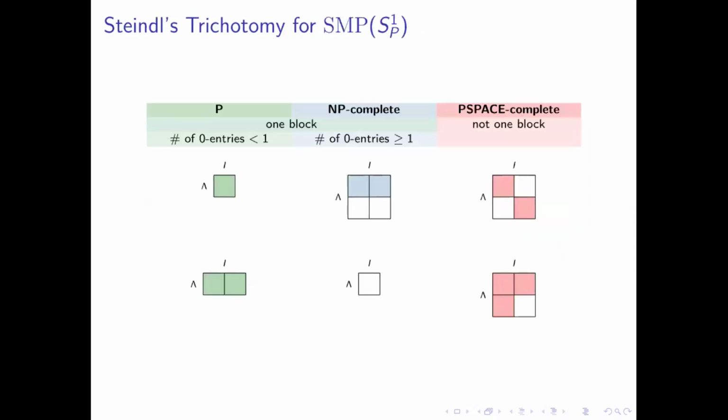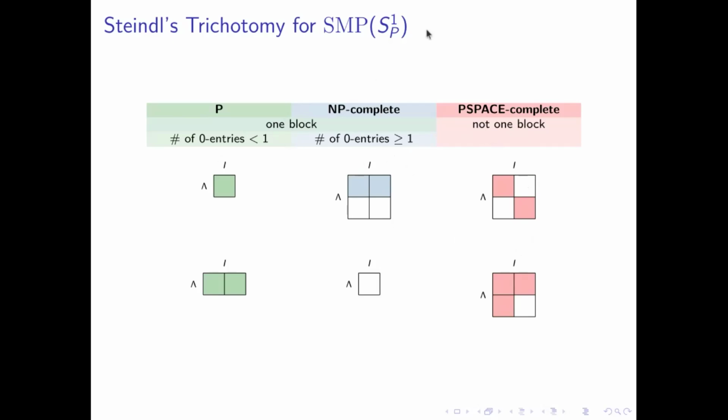So here is a quick picture. First, Steindl's trichotomy for SMP of the combinatorial Rees matrix semigroup with one: if you have more than one block, it's PSPACE-complete, shown in red. If you have one block, but at least one zero entry, then it's NP-complete.